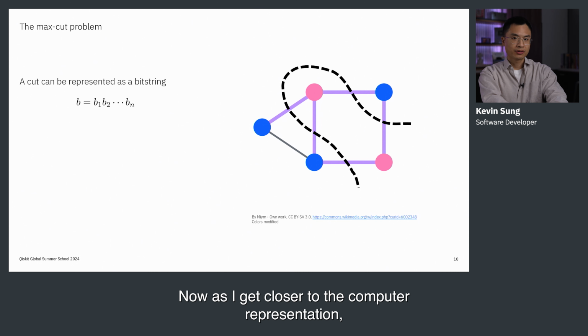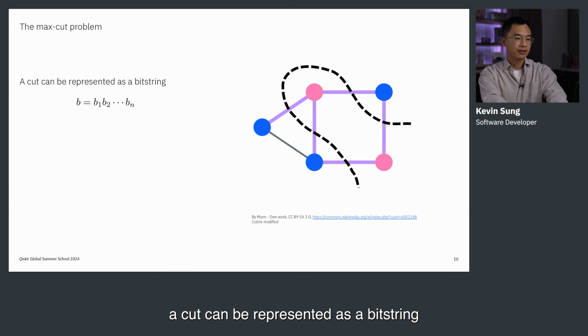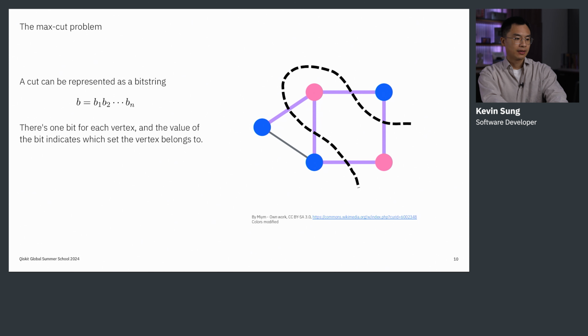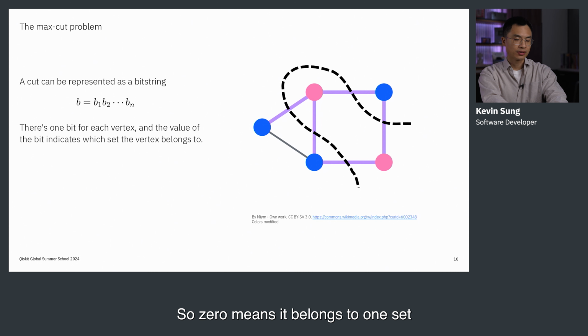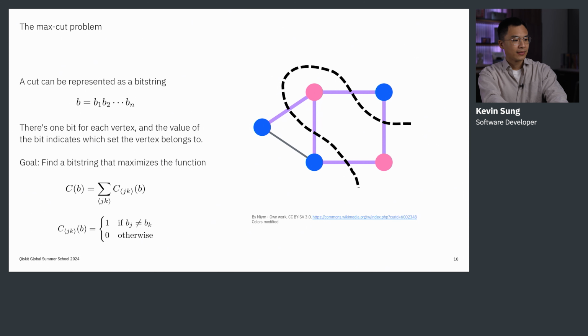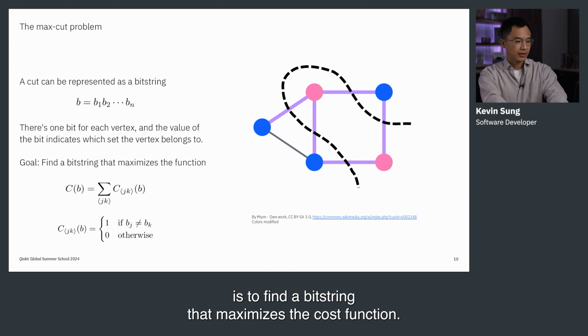Now, as I get closer to the computer representation, a cut can be represented as a bit string, a sequence of zeros and ones. Here, there's one bit for each vertex, and the value of the bit indicates which set the vertex belongs to. So 0 means it belongs to one set, and 1 means it belongs to another set. And the goal here is to find a bit string that maximizes the cost function.